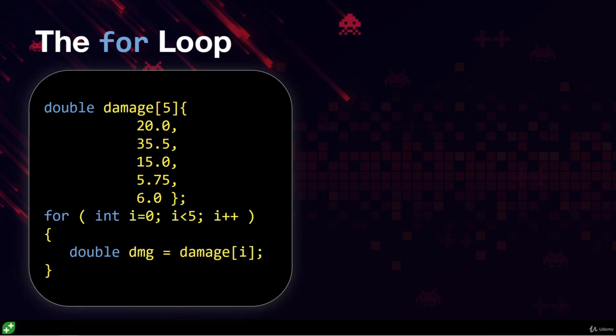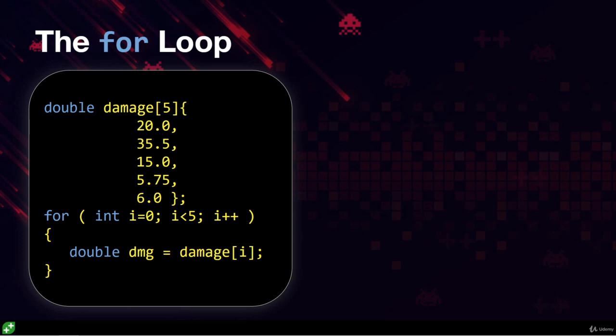All this is followed by a body with statements inside that will run each iteration of the for loop. So here we're creating a variable of type double called dmg, and we're assigning it the value in the array at the index i. So whenever this body gets executed, whatever the value of i at the time, that's the index that we're going to use to access an element in the array called damage.